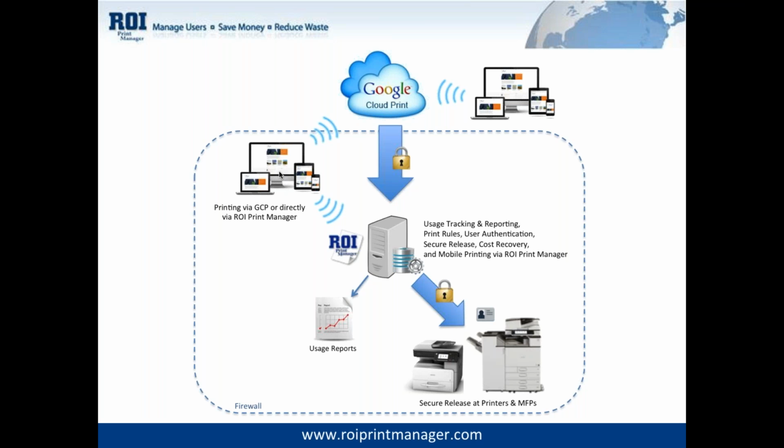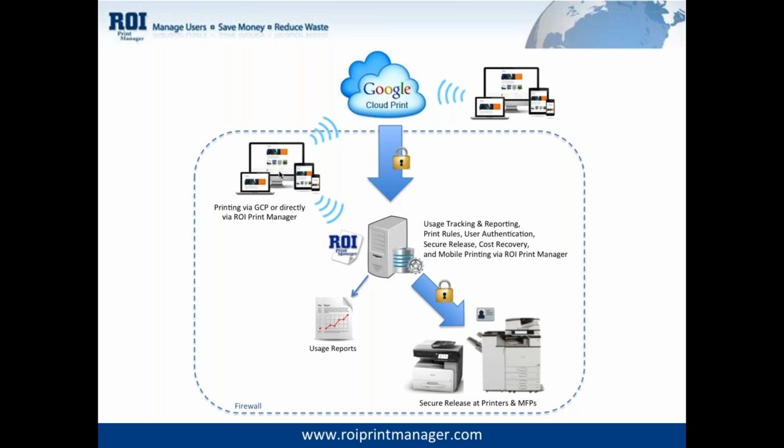A lot of the printers and MFPs nowadays tend to have inbuilt Google Cloud Print support, which basically means that users can connect directly to them. Sometimes that's not the best strategy if you're looking to understand what your users are doing and control what they're actually doing.